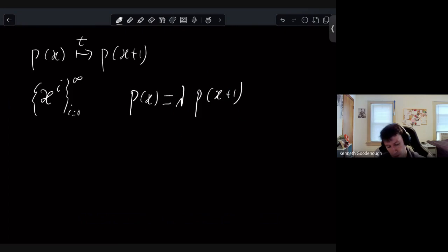Now, I want to first go to an example where it's really an eigenvector with eigenvalue 1. And there's a very nice geometric way of thinking about this. I just realized if we translate a function, which is some polynomial, we should get out the same function.